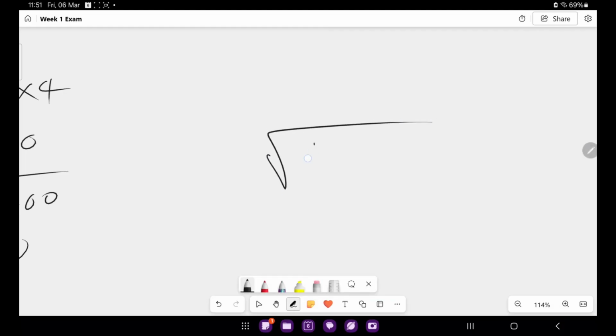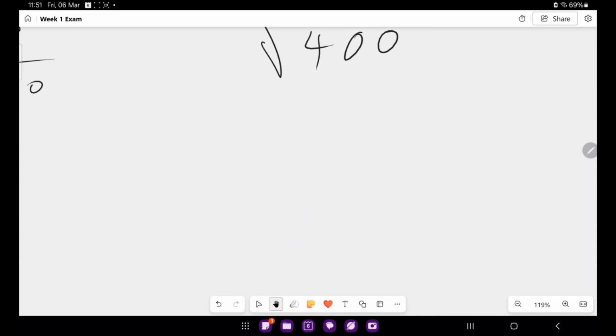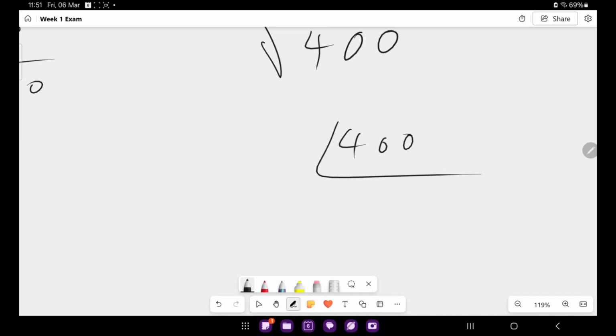So for example, we have 400. We have to find the square root of 400. So what I do, I take 400 and then I divide by the smallest number that can get into 400. That's not 1. So 2 can get into 400. So 2, and then I'll be dividing going downwards. So 2 into 4, we get 2. 2 into 0, 0, and 0.